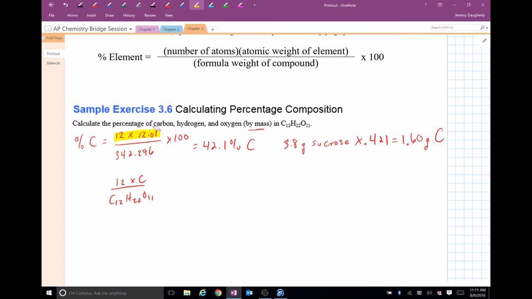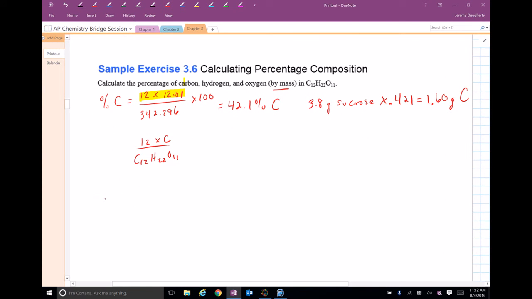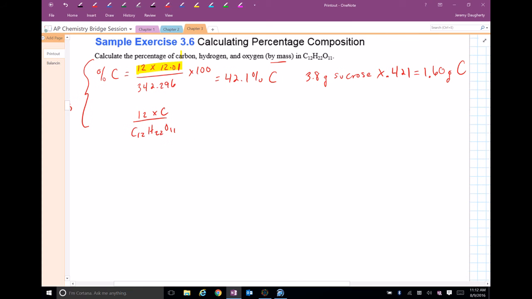Not as often. We can, on occasion, use percent by moles, which is a little bit different. So percent by moles, so this is by mass. Still, it's percent. So percent by moles, I'm going to take 12 carbons over 55 atoms.